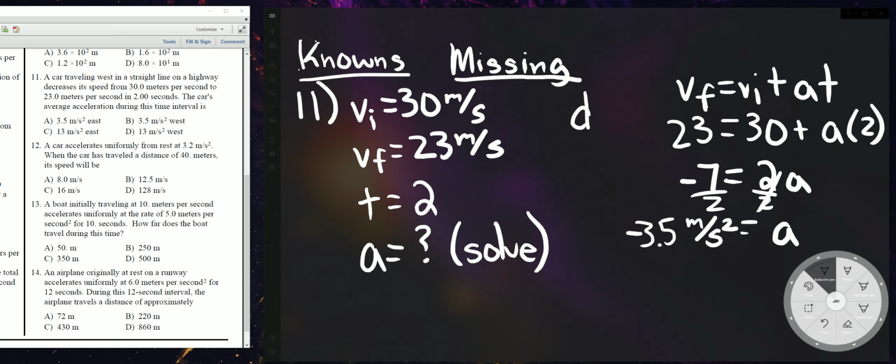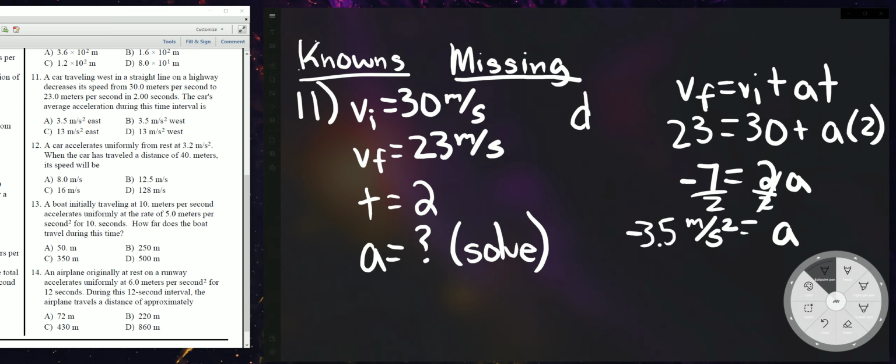Now, what does negative mean again? Negative is a really important concept in physics. We know that negative is the opposite direction of the positive. What's the positive direction in this problem? The positive direction is the west.